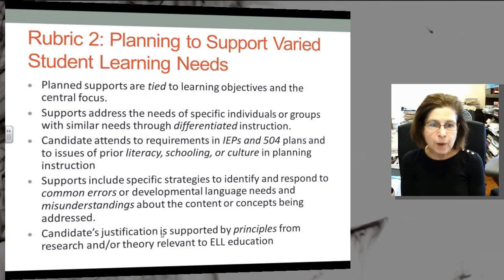The third point says that you need to take into account any specific categories that the students fall into, such as having an IEP and 504 plan, if they have low literacy or schooling prior to arrival, that's another factor.